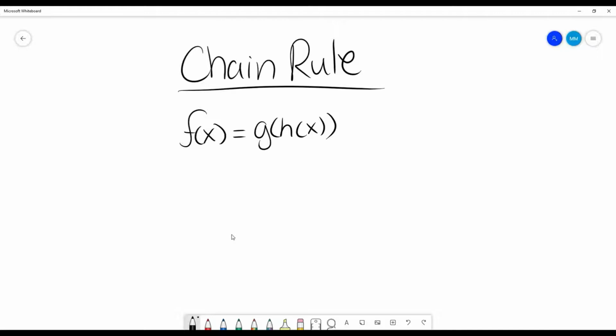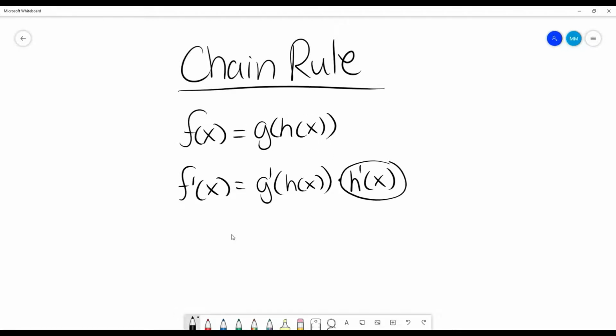So what chain rule tells us is that the derivative of this whole thing is going to be the derivative of the outside with the inside unchanged times the derivative of the inside, right? So we took the derivative of g and we kept the h of x inside, and then we multiplied it by the derivative of h of x.